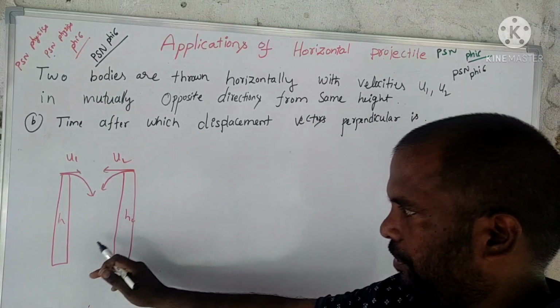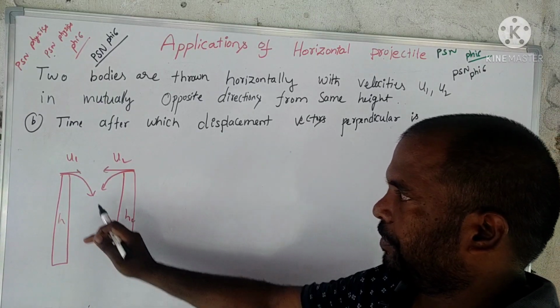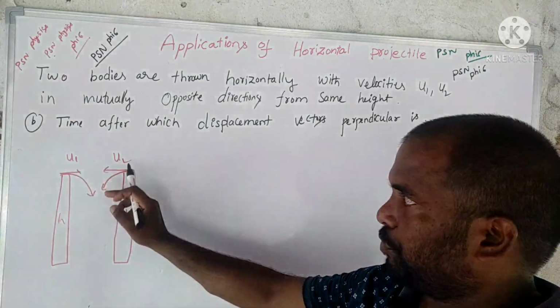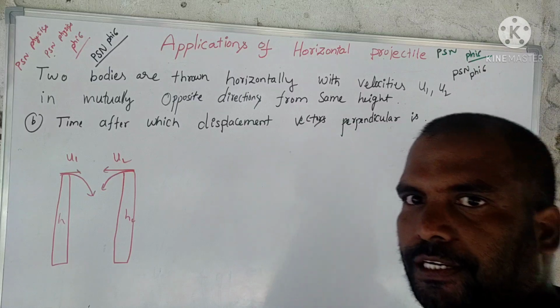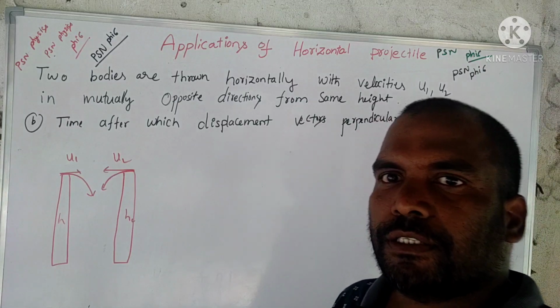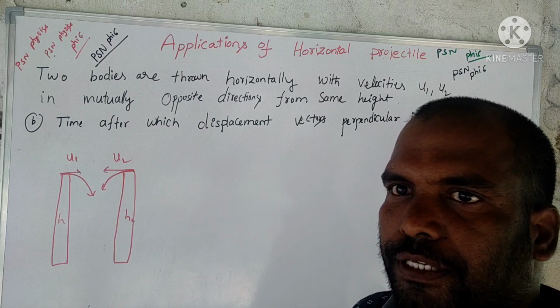Continuing the previous one, same two towers, same height h. We are projecting with u1 speed and u2 speed. The time after which the displacement vectors are perpendicular is?